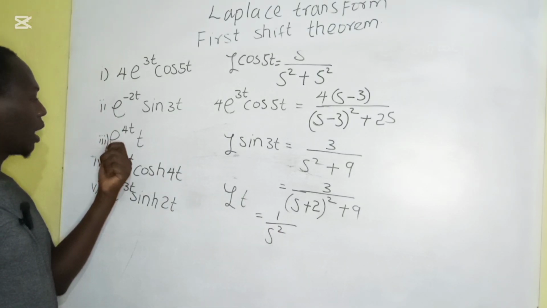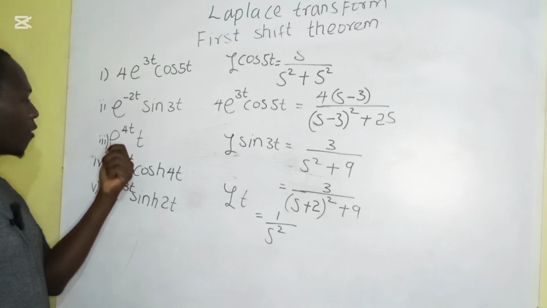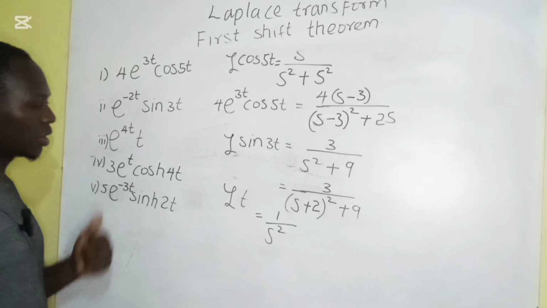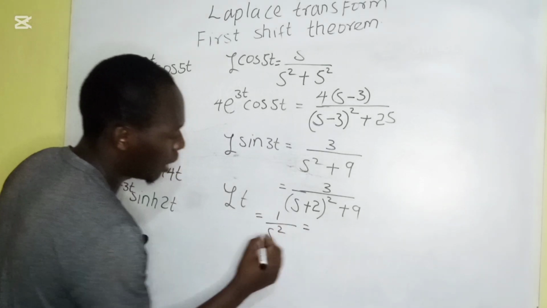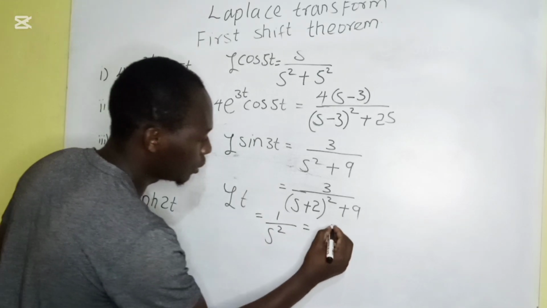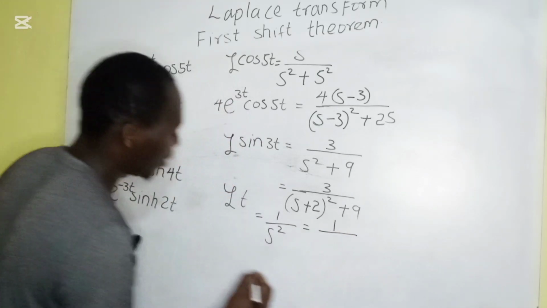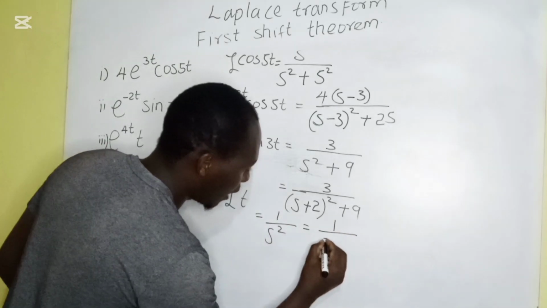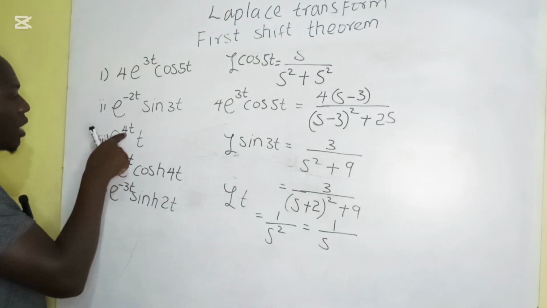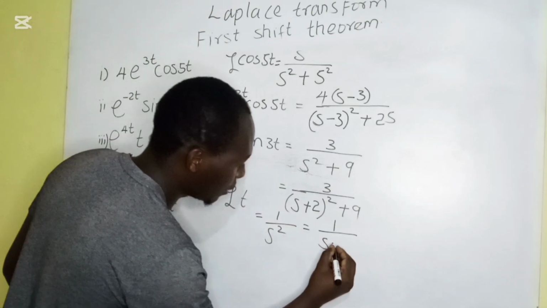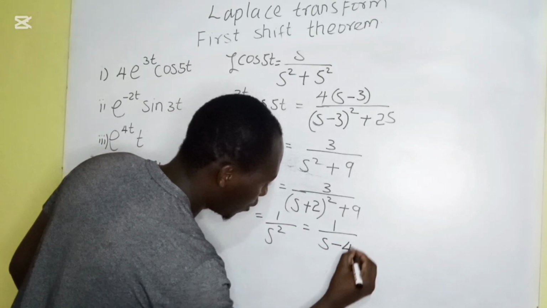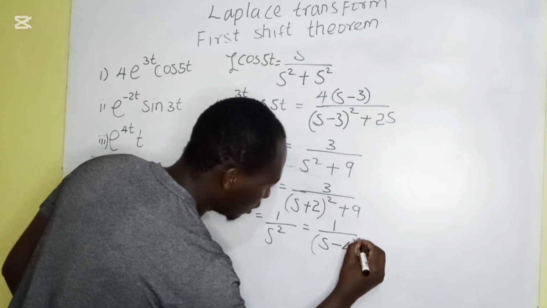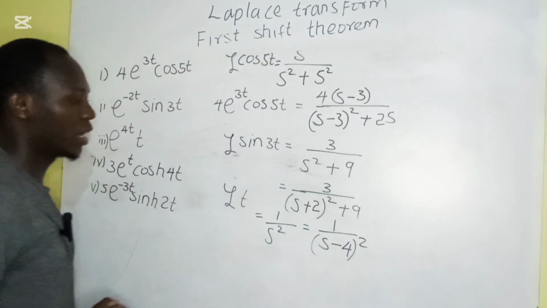We come and do our shifting with respect to the term of exponential. And when we carry out our shifting here, we are going to have 1 all over s. Here we are having a positive, to mean that we are going to have a negative of 4, everything squared.